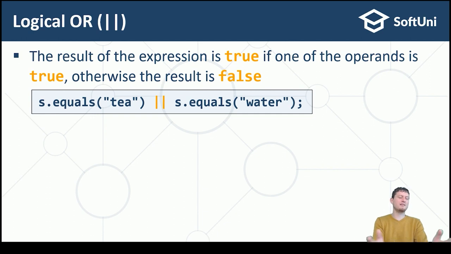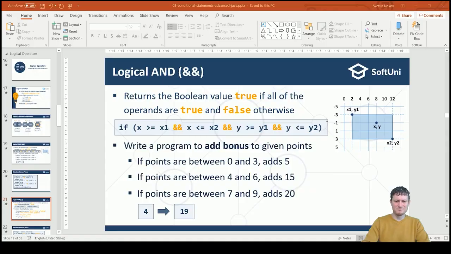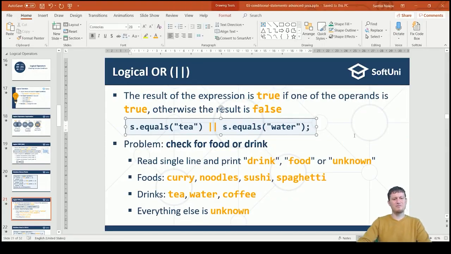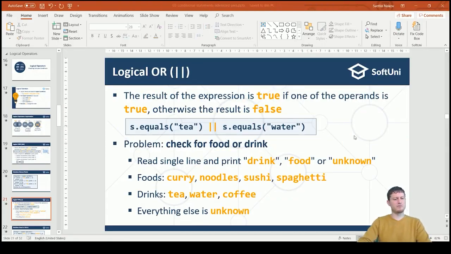If one of the members of this OR expression is true, the entire expression result is true. Otherwise, it's false. So if S is tea or S is water, this will be true.